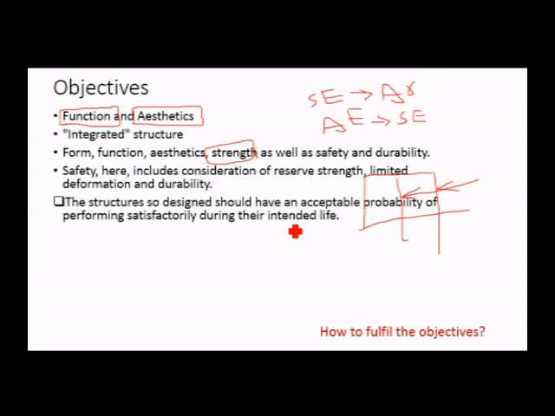The objectives of the design are like: 1. The structure so designed should have an acceptable probability of performing satisfactorily during its intended life. Means the objective does not include a guarantee that every structure must perform satisfactorily during its intended life.